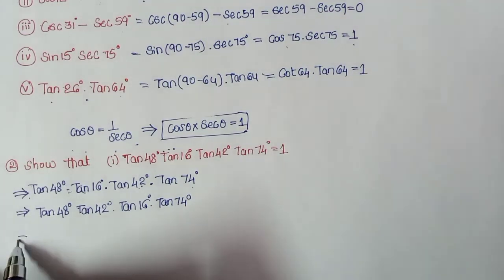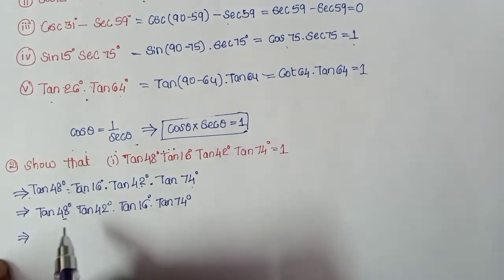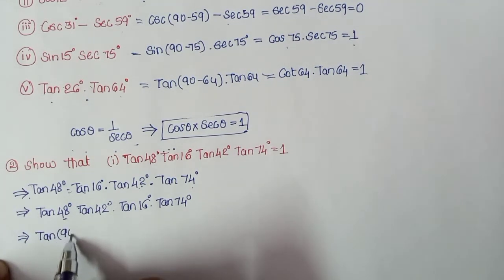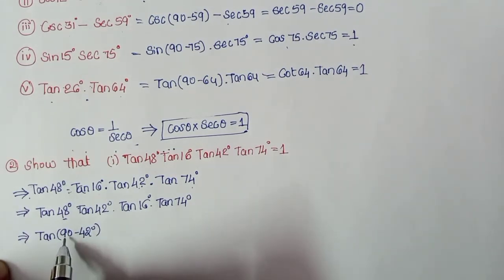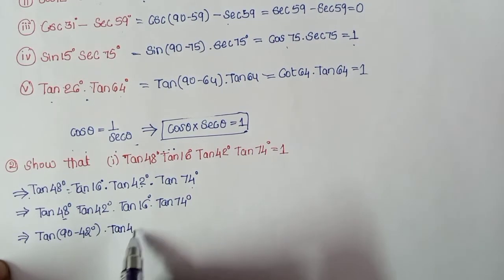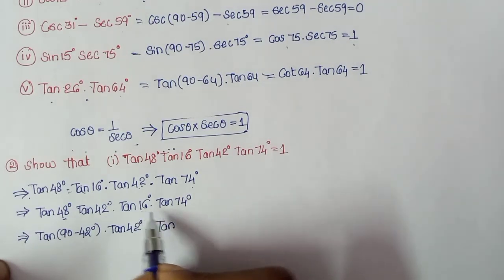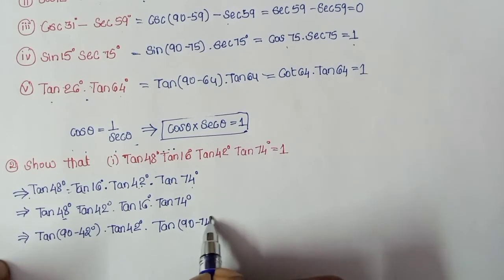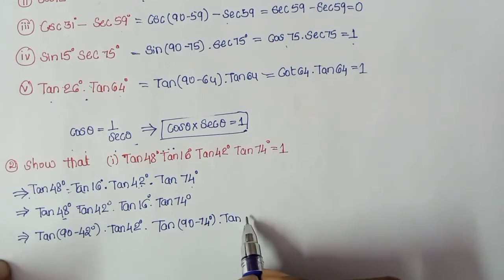Here we can write 48 in terms of 90 minus something. 90 minus 42 is 48, so tan 90 minus 42 degrees into tan 42. Similarly, tan 16 we can write as tan of 90 minus 74 degrees, since 90 minus 74 is 16, into tan 74.